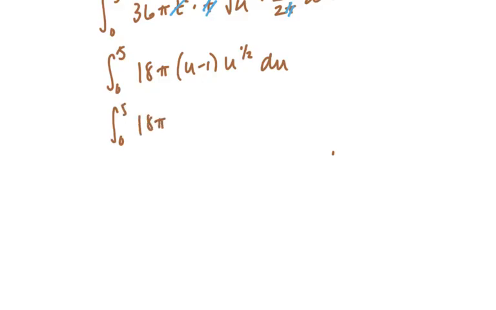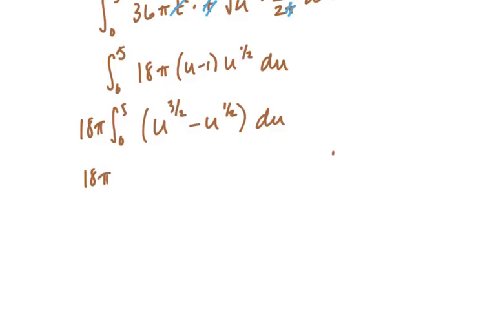We could put that out front because it's a nice constant. 18 pi, and then we have u to the 3/2 minus u to the 1/2 du. So now we can integrate 18 pi. When we add 1 to 3/2, we get 5/2. And this will be 2/5 u to the 5/2 minus, and this will be 2/3 u to the 3/2, from 0 to 5.